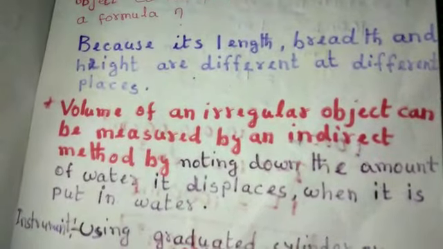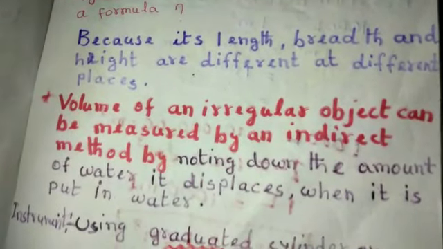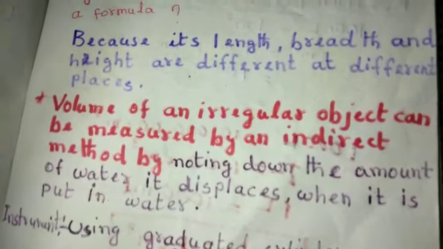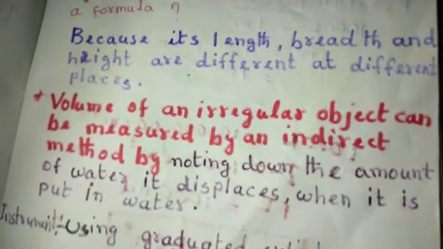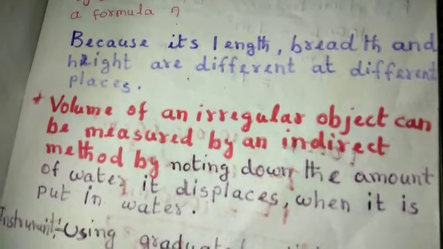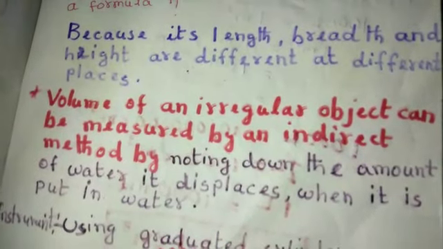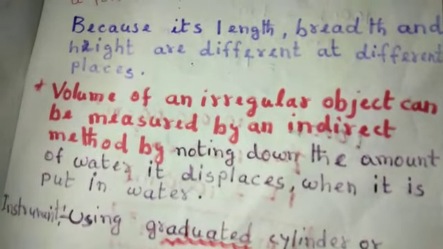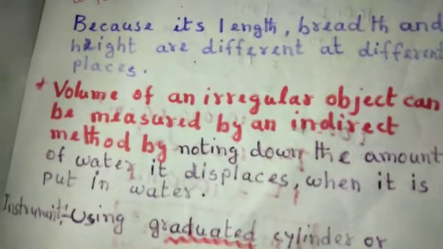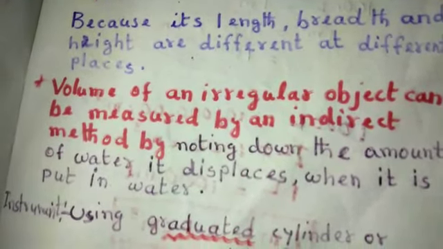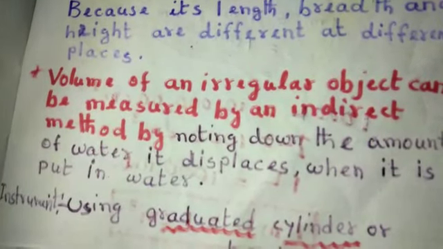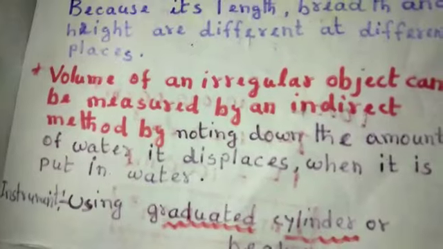Volume of an irregular object can be measured by an indirect method, by noting down the amount of water it displaces when it is put in water. So the volume of an irregular object is measured through the measuring cylinder.